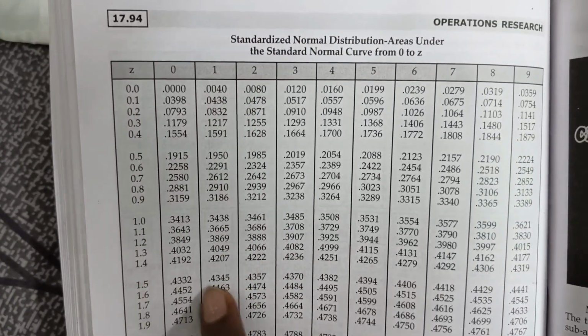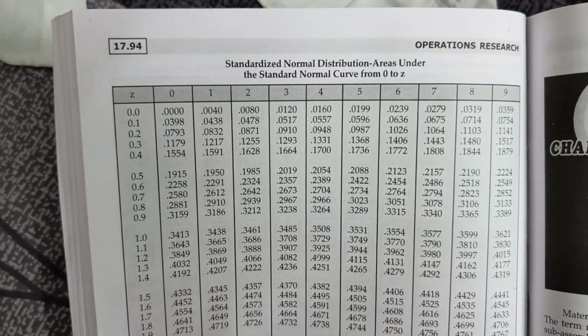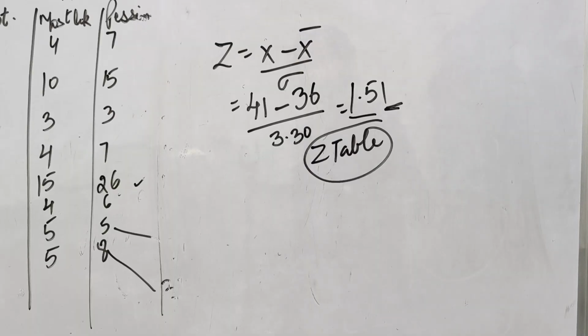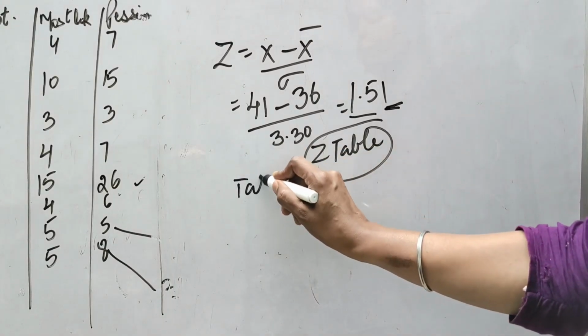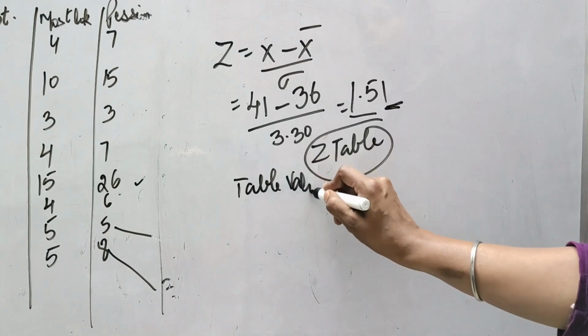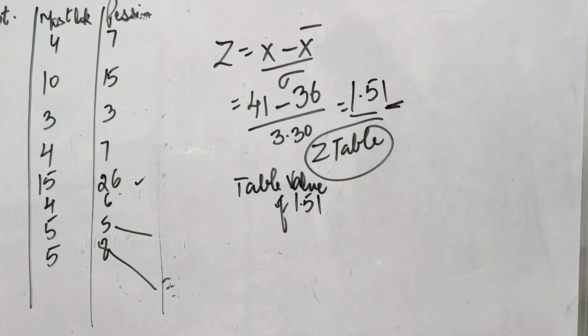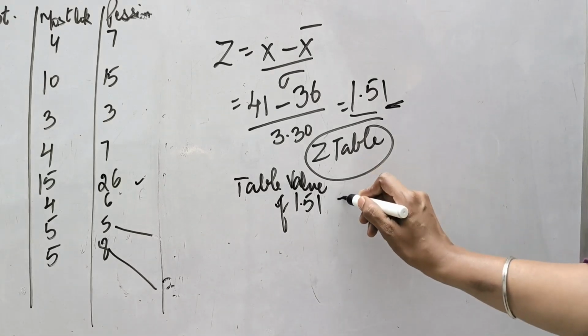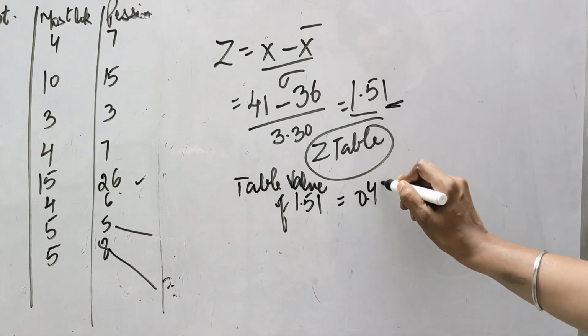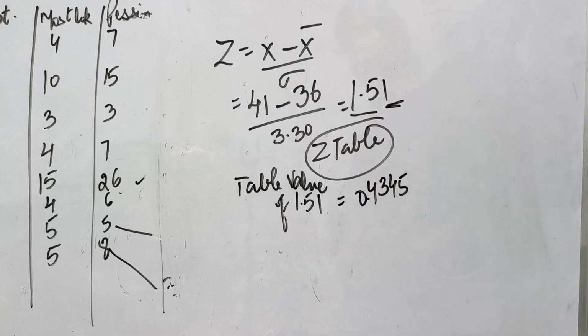So the value for 1.5 and 1 is 0.4345. So now you will be writing the table value of 1.51 under the Z table is 0.4345.